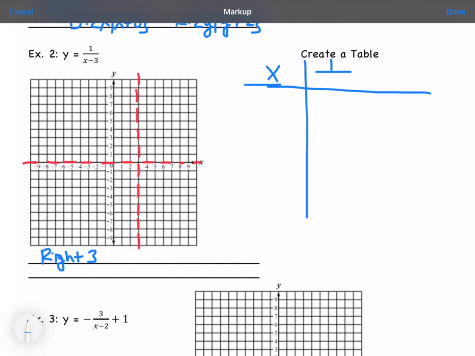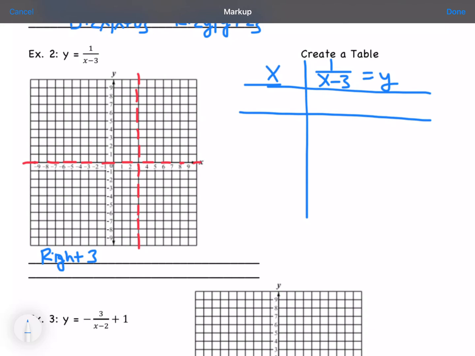And so y equals 1 over x minus 3. And so I think you guys will start to see what these graphs do.